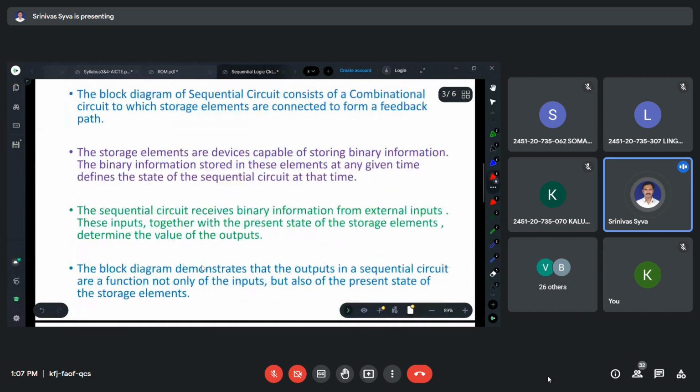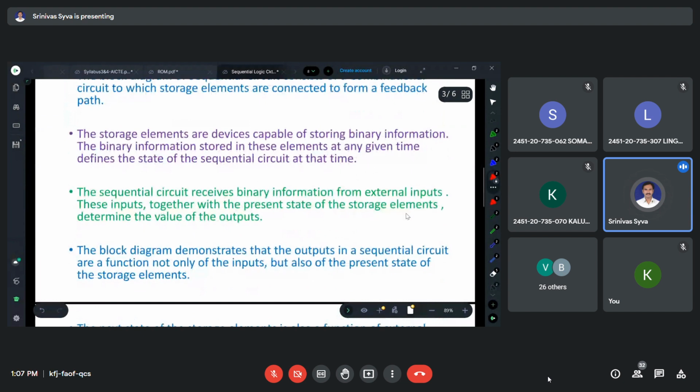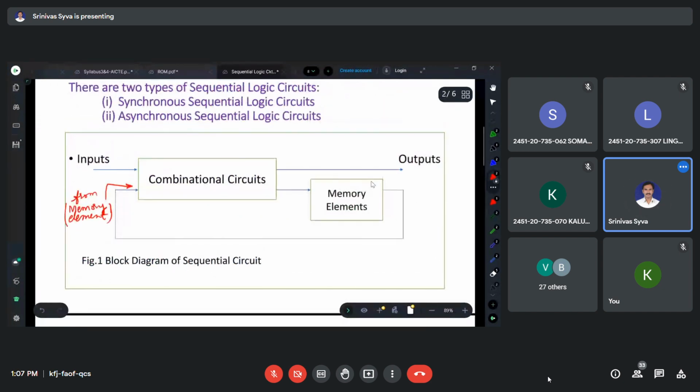Next, the sequential circuit receives binary information from external inputs. These inputs, together with the present state of the storage elements, determine the value of the outputs. So the output depends on the external inputs as well as on the status of the memory elements.